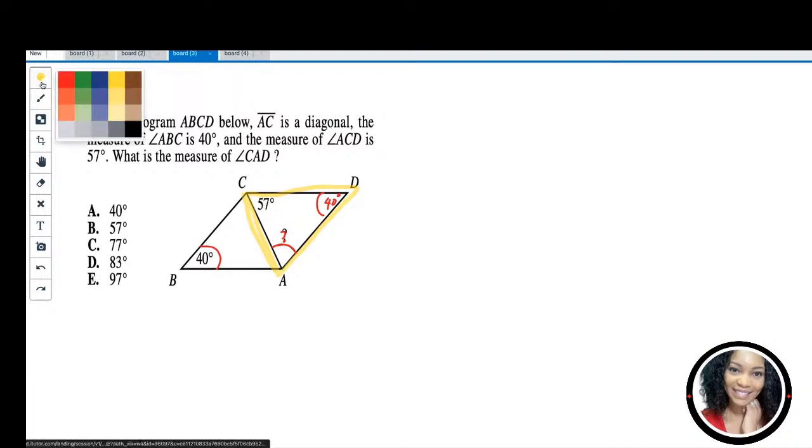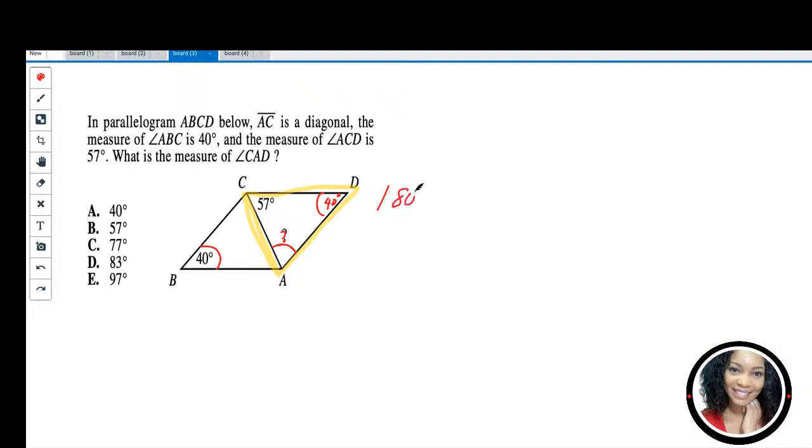And you should remember that in every triangle, the angles add to be 180. So we have 180 minus the sum of 57 and 40. Because 1, 2, 3 should add to be 180. Then this is how you can figure out the missing angle.